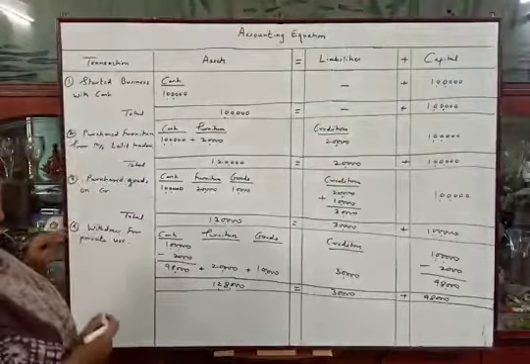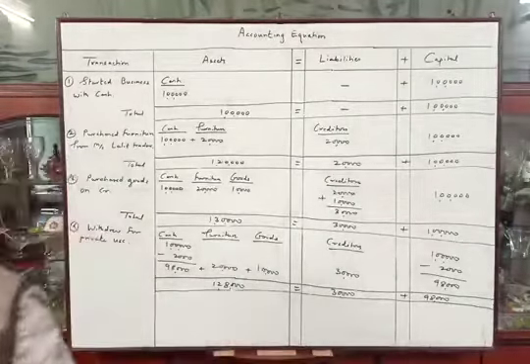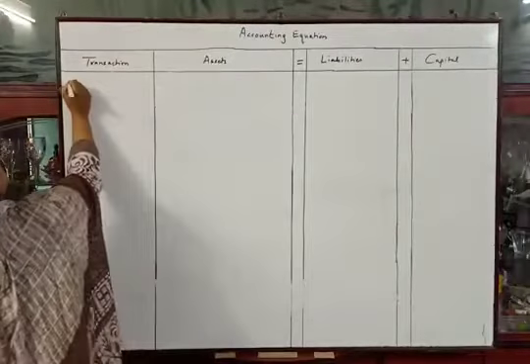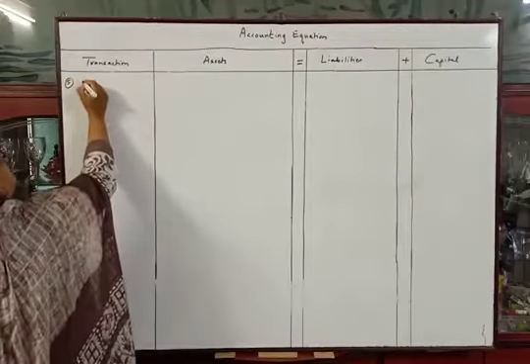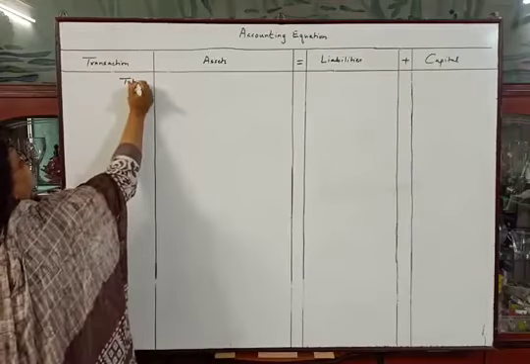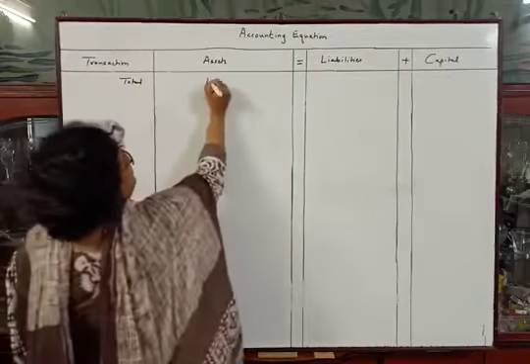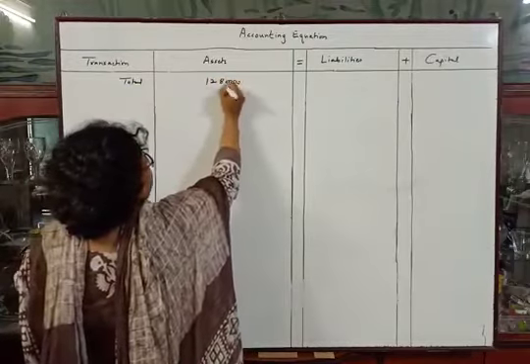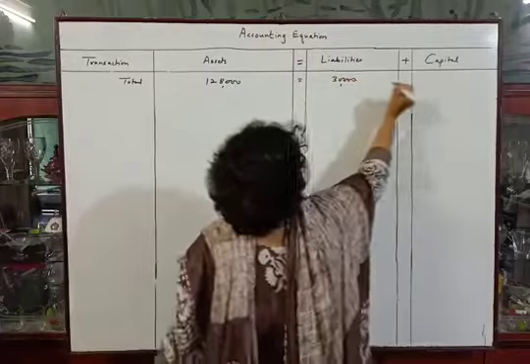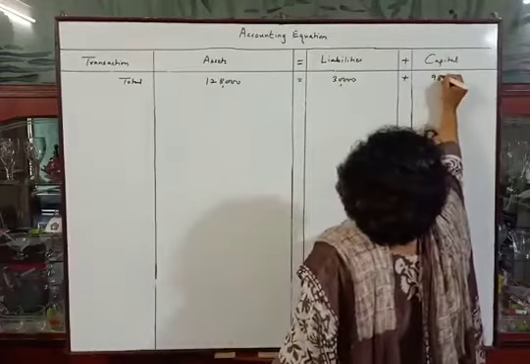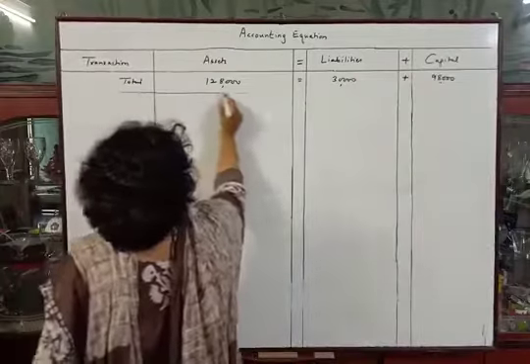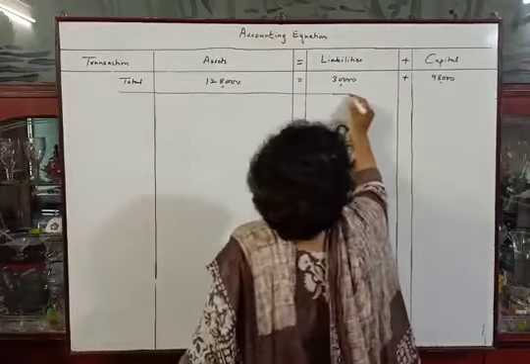Okay, so the equation tallies here. Now the next transaction, fifth. Here I will write the total. Assets total was 1,28,000 is equal to total liabilities 30,000 plus capital was rupees 98,000. Okay, this was the total of first four transactions.